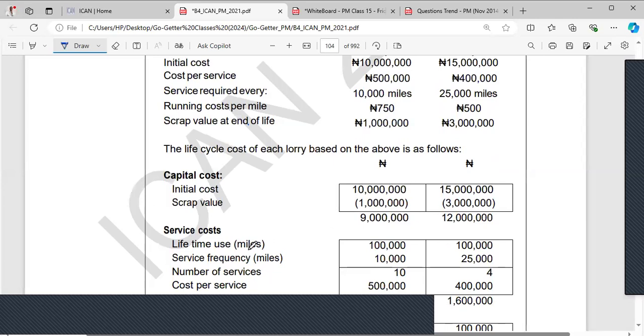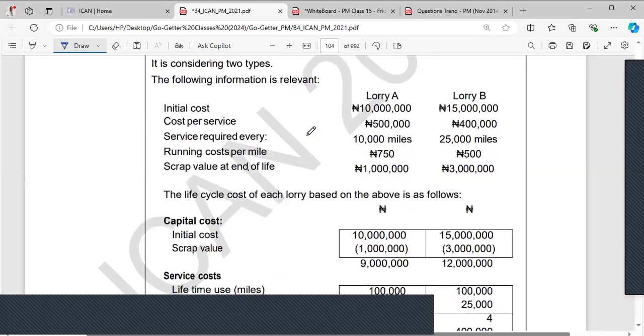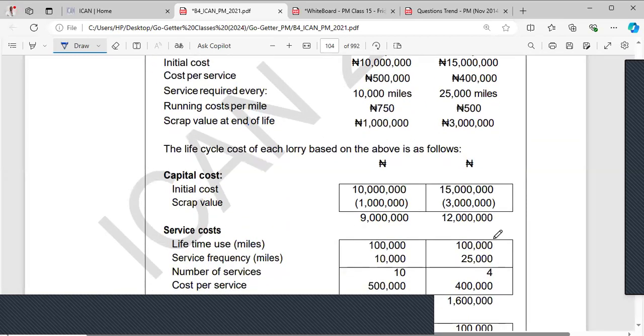Then we have lifetime use mileage. We are told that it will run for 100,000 miles. Okay, so this is the mileage, 100,000, 100,000, that's fine.